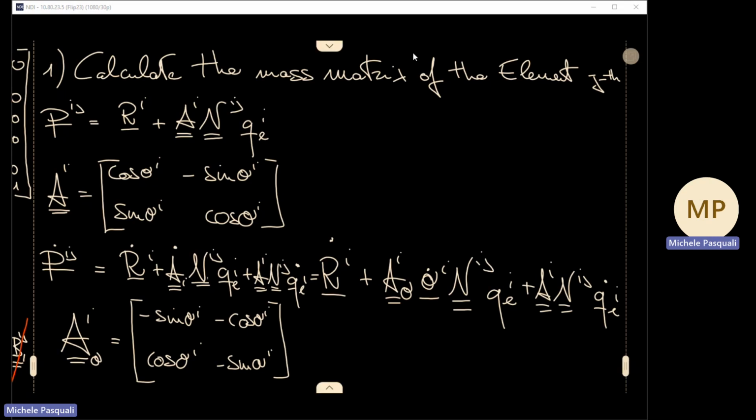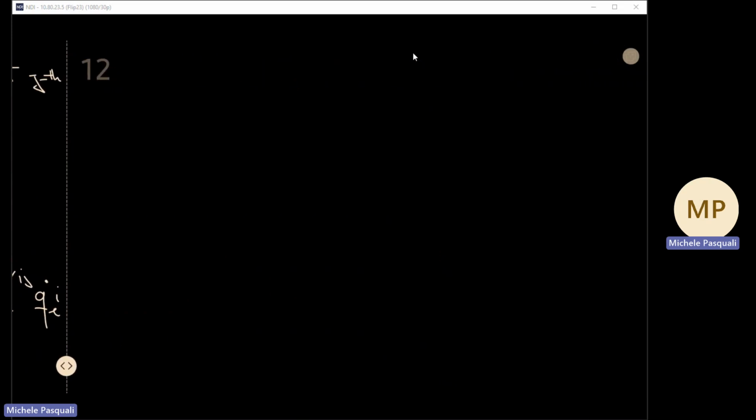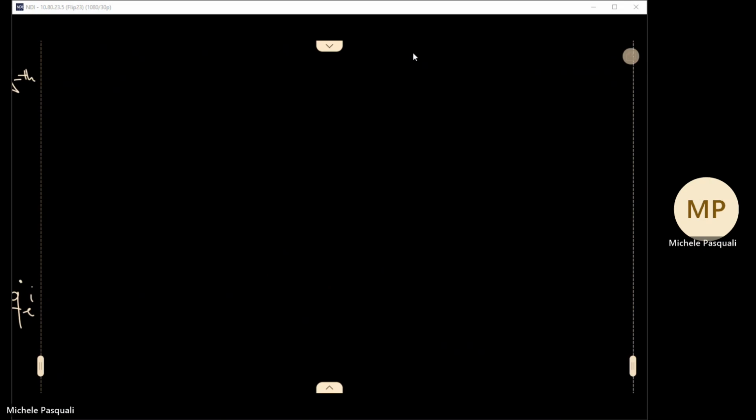This is the vector of the nodal coordinates which refers to the overall body, not just to the element J. From here, we can write in a more compact way the velocity of a point P as the following quantity.